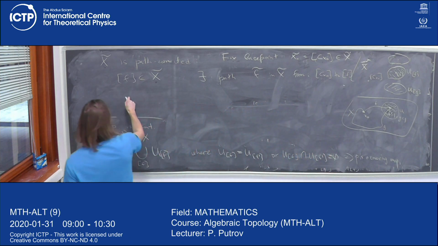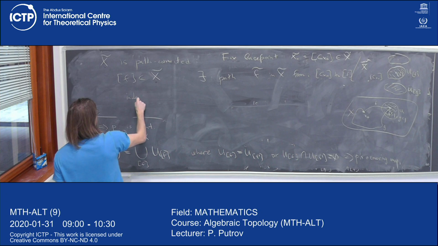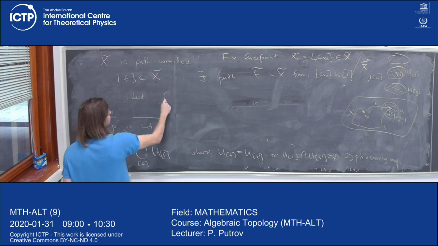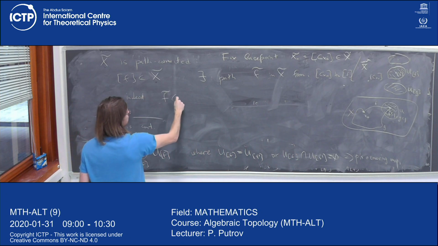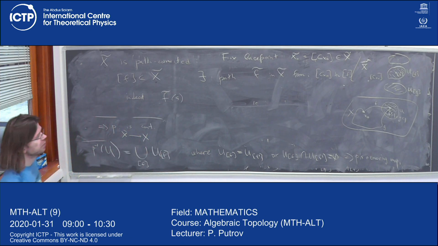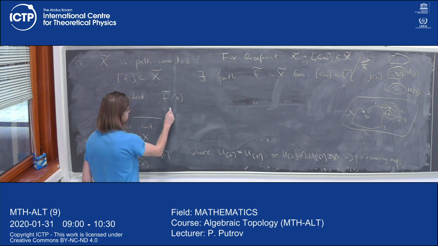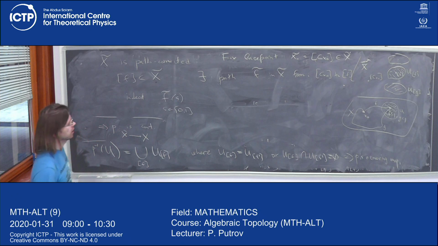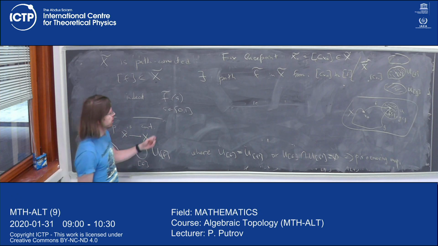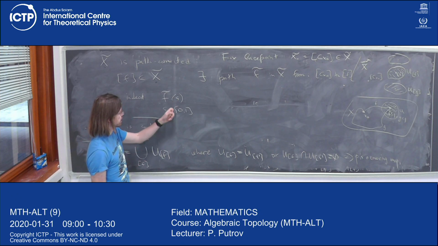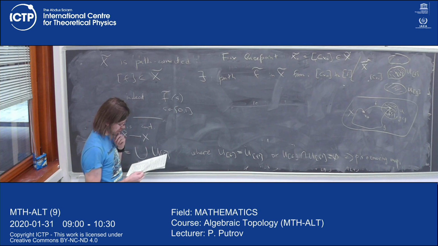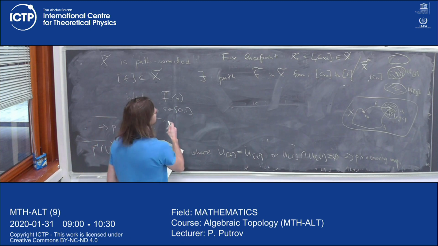So indeed, I can just define this path by formula. What is the value of the corresponding map at s, where s is an element of the unit interval?